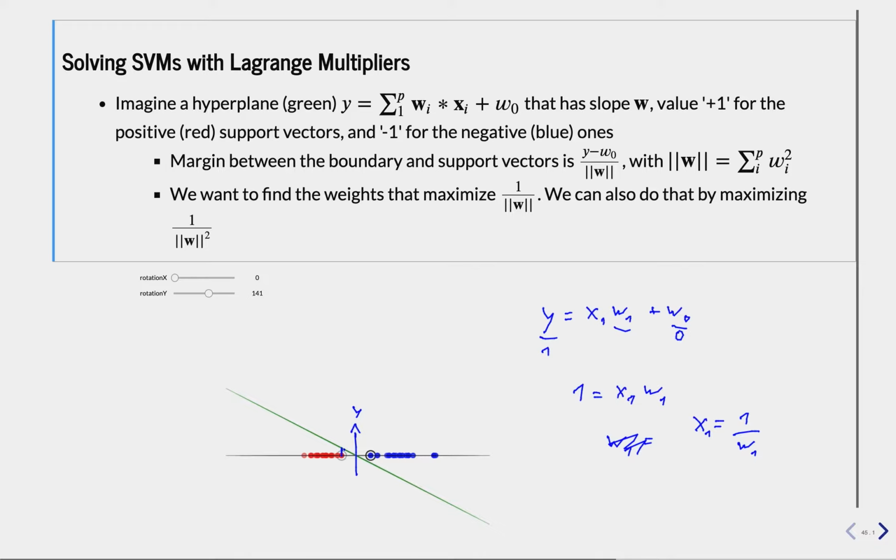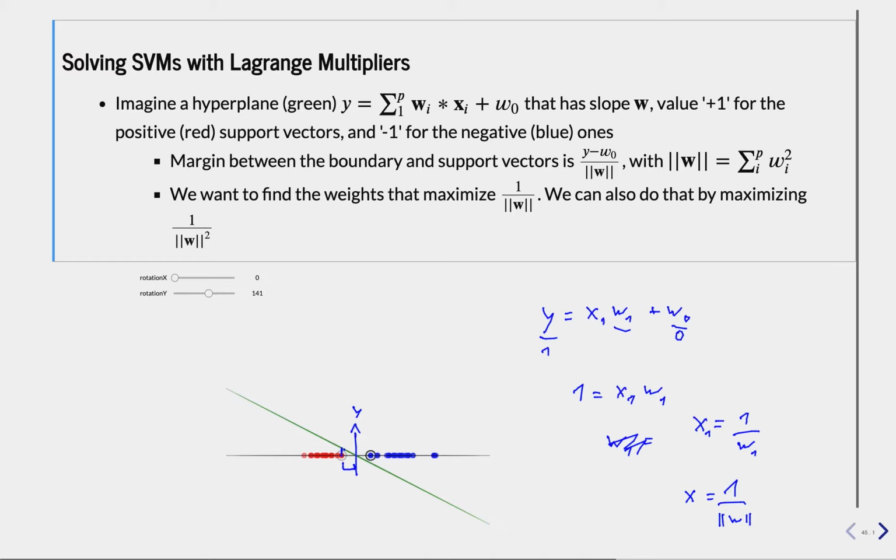Right? This is basically this distance here. It's 1 over w1. In n dimensions, this will amount to x is 1 over the 2 norm of w.